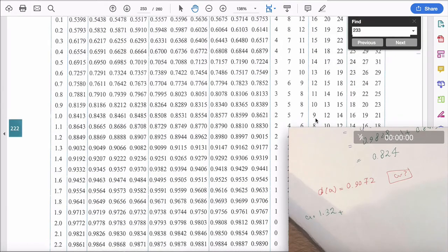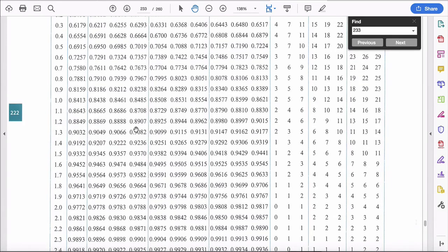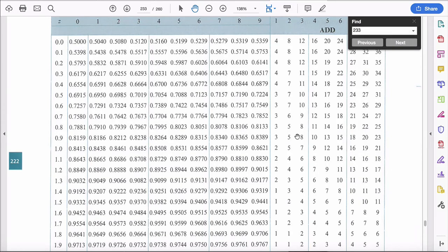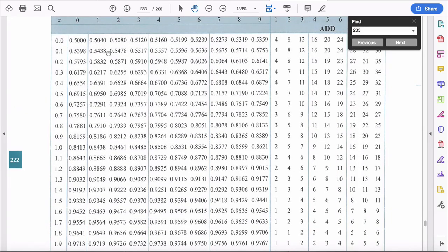Now I go up. Let me proceed. 1.3, it is this row. Then I go up. It is 4. So it means that it will be 1.32 and the last digit will be 4.